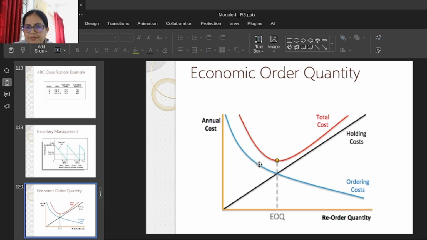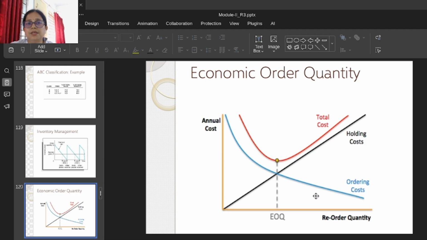See this curve: when the quantity is less, the cost is high. When the quantity goes on increasing, the cost is less.